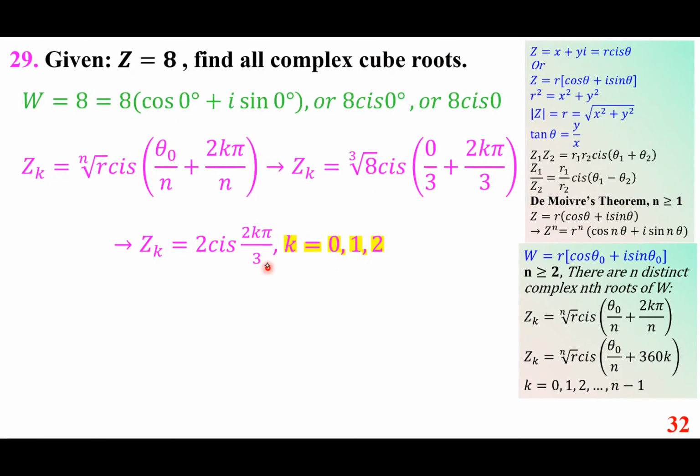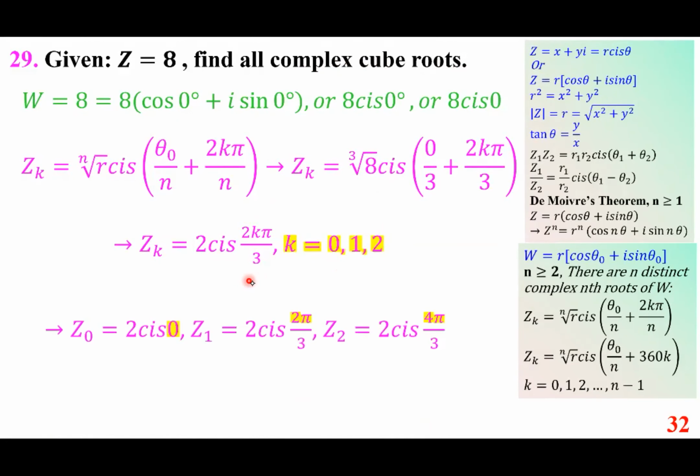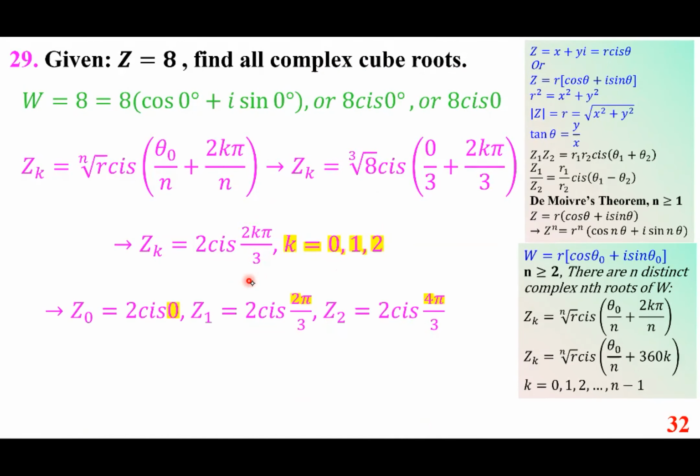So if you plug in 0, clearly you get 2 cis 0. If you plug in 1, you get 2 cis 2 pi over 3. If you plug in 2, 2 cis 4 pi over 3. Now, this is simple. 2 cis 0 is just simply 2, because it's cosine of 0 plus i sine of 0.